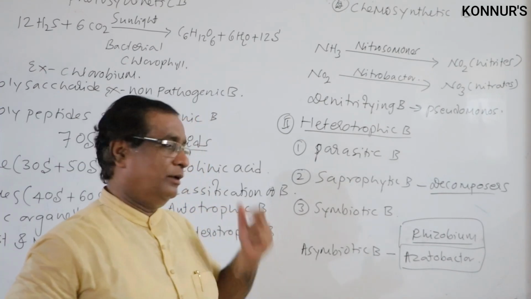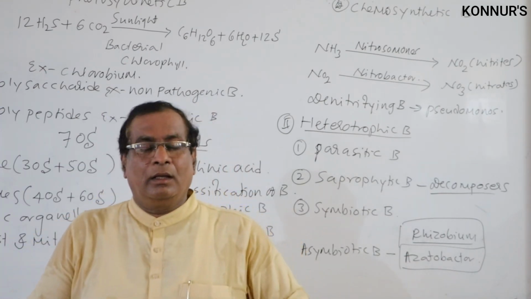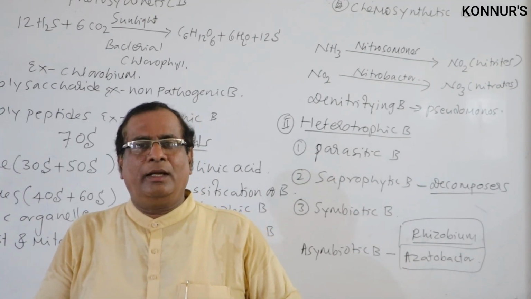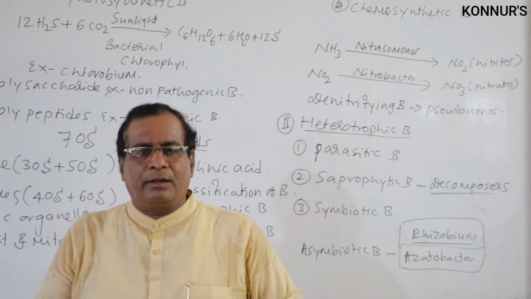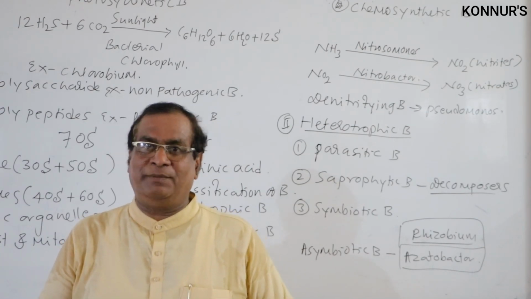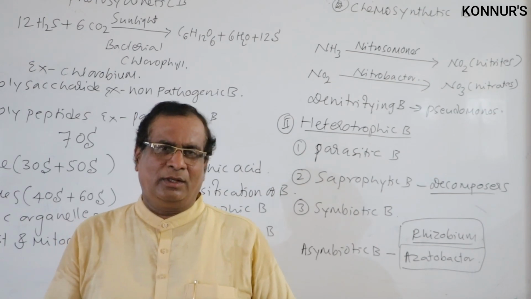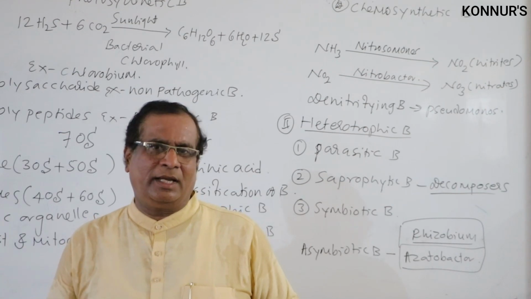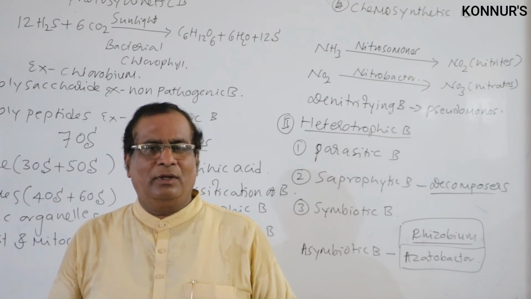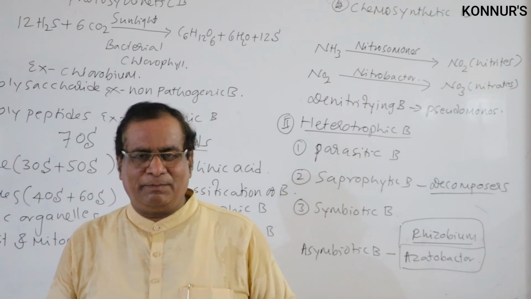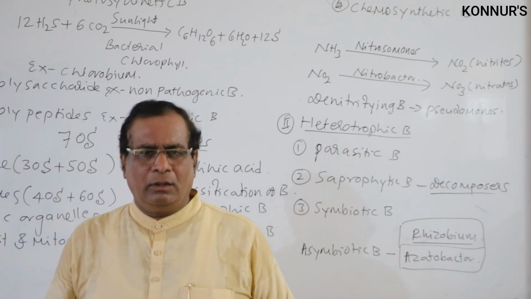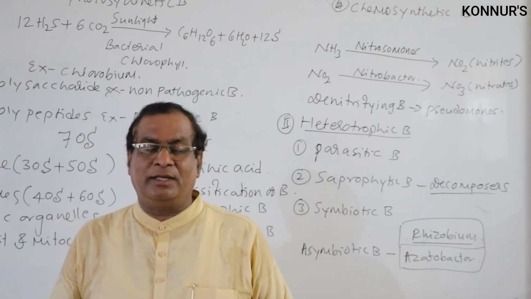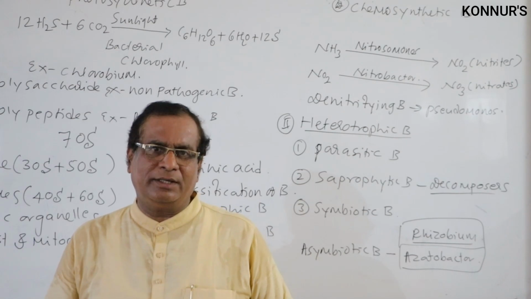With respect to bacteria, types of bacteria based on their shape, that is there in your text. They are classified as coccus bacteria, which are spherical in shape, Bacillus bacteria, which are rod shaped, and Spirillum bacteria, which are spirally coiled.